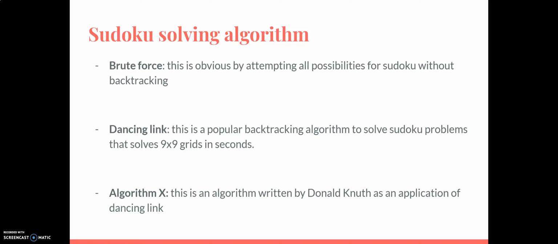Once we start to raise the dimensions, it starts to get a lot slower. This is actually an NP-hard problem, and I'm not going to go too much into it, but I suggest researching that a little bit because it's pretty cool. Then we have algorithm X, written by Donald Knuth, which is just an application of dancing links. So I'll refer to algorithm X, which is basically dancing links.